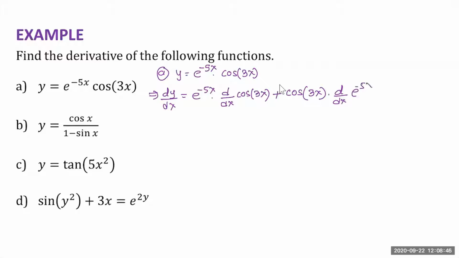So it is first function times the derivative of second plus second function times the derivative of first. Here I use the product rule because we have two functions in the form of a product.